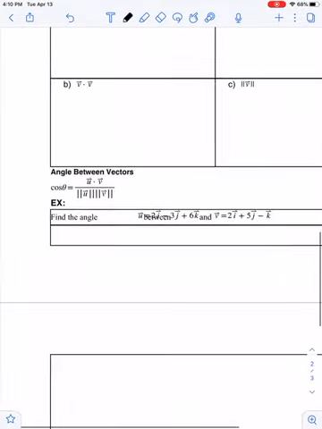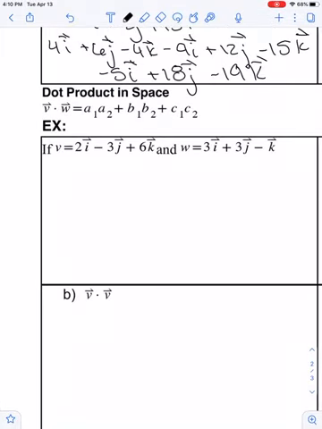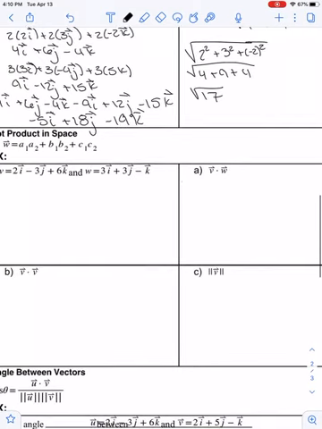Alright. Then we have the dot product of these. So here we go. It's the a's, the i's multiplied plus the b's multiplied plus the c's. So here we're doing v times w. So 2 times 3 plus negative 3 times 3 plus 6 times negative 1.